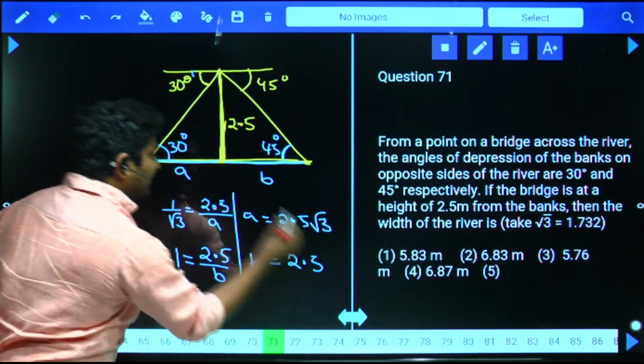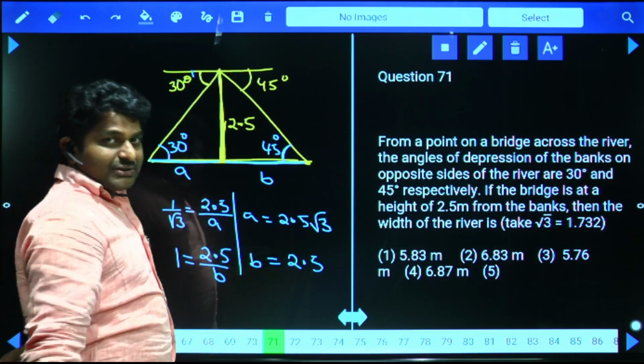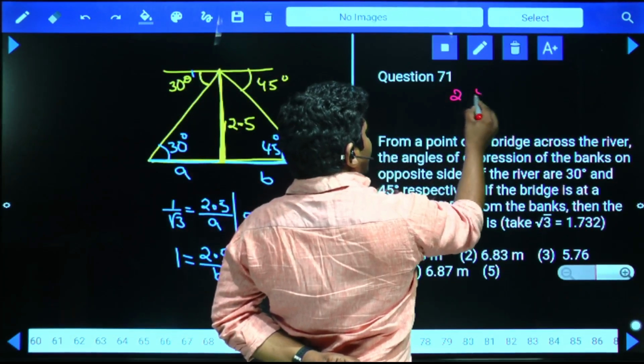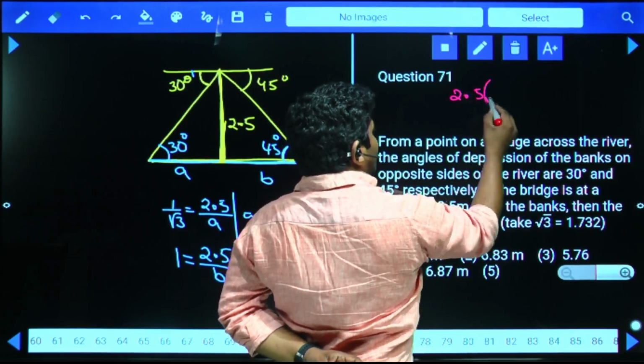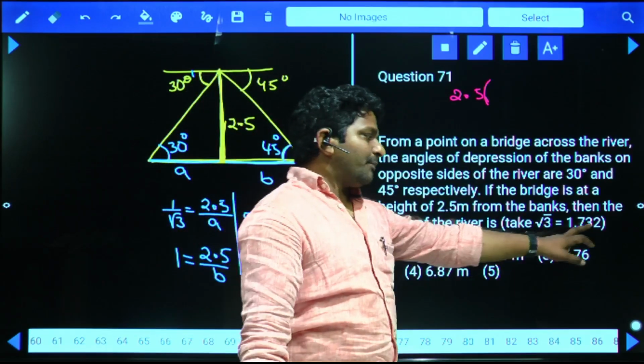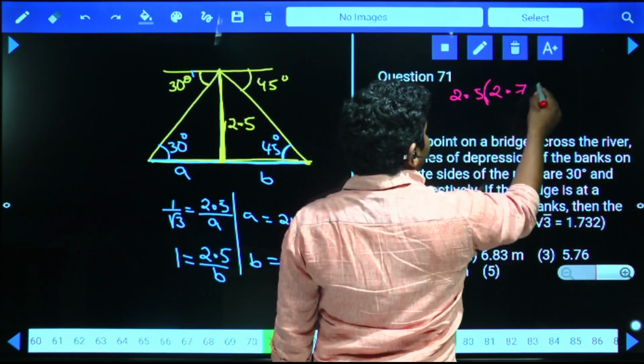Now the width of the river is equal to A plus B. That means 2.5 into root 3 plus 2.5. If you take 2.5 common, that is equal to 2.5 times root 3 plus 1. Root 3 value is already given as 1.732, plus 1, in the sense 2.732.